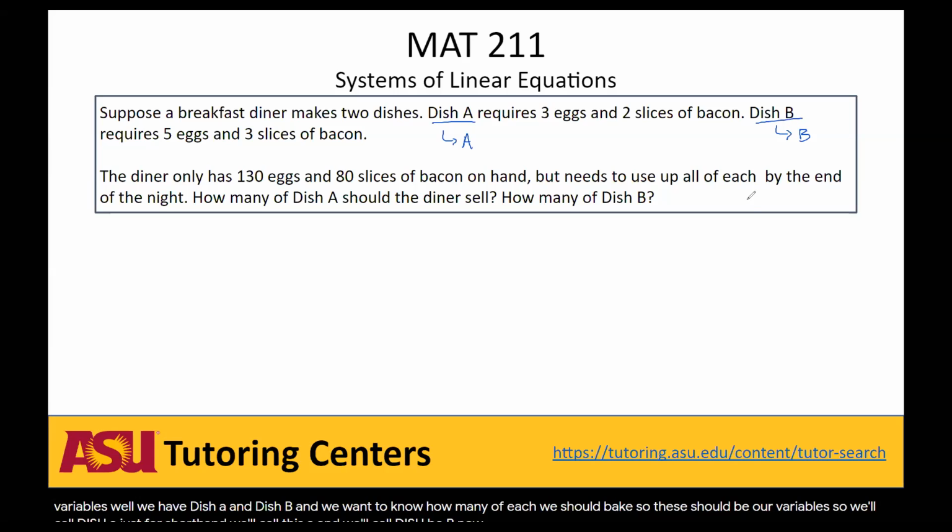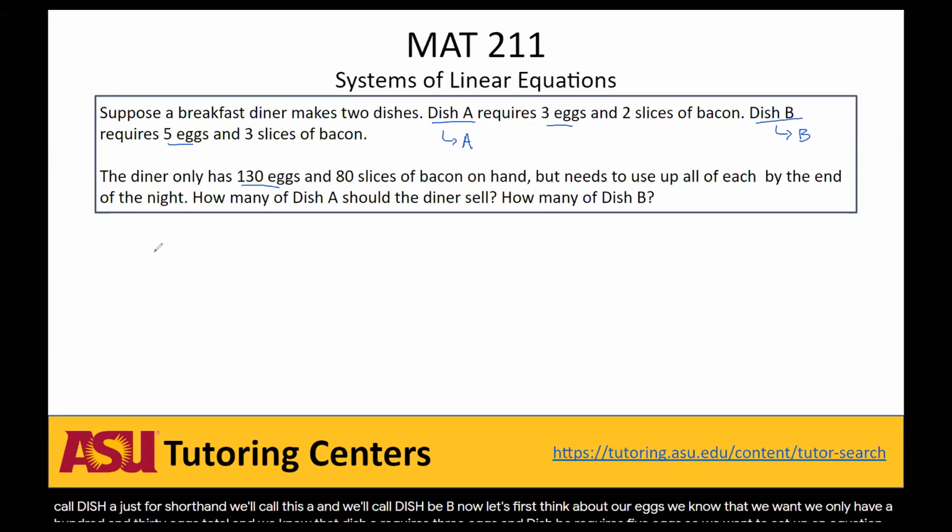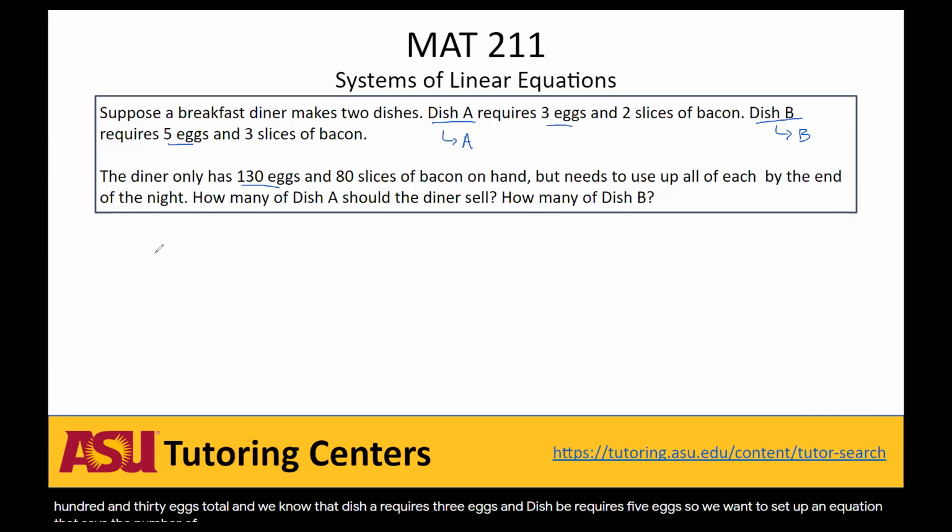Now, let's first think about our eggs. We know that we only have 130 eggs total. And we know that dish A requires 3 eggs and dish B requires 5 eggs. So we want to set up an equation that says the number of eggs for the number of A dishes plus the number of eggs for the number of B dishes equals 130 eggs.